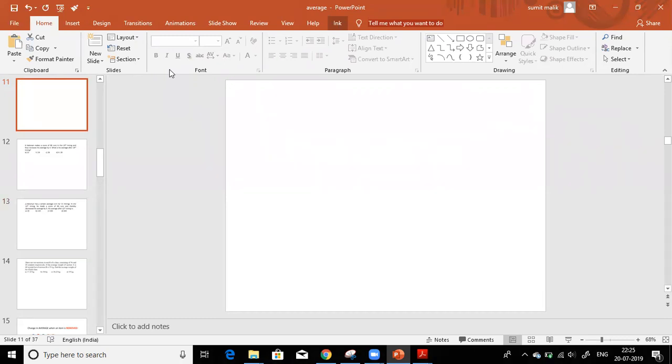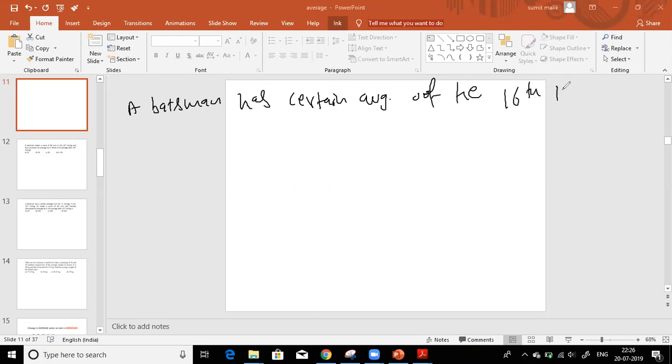Write down one homework question. A batsman has a certain average of 16 innings.